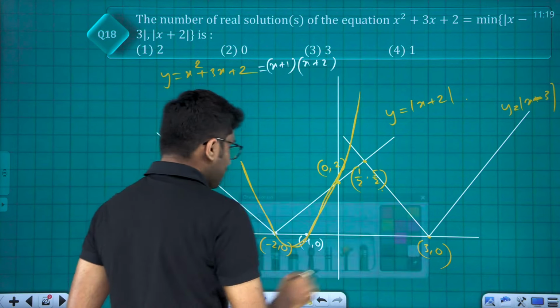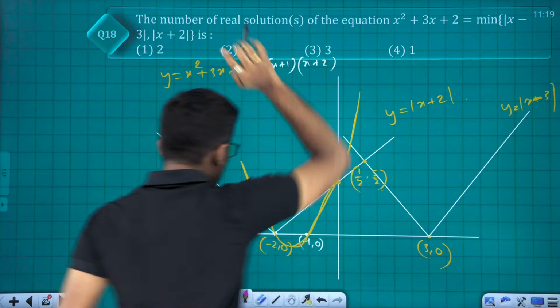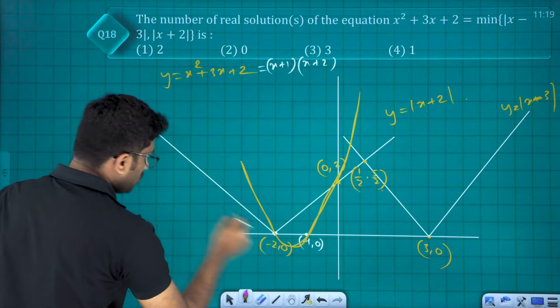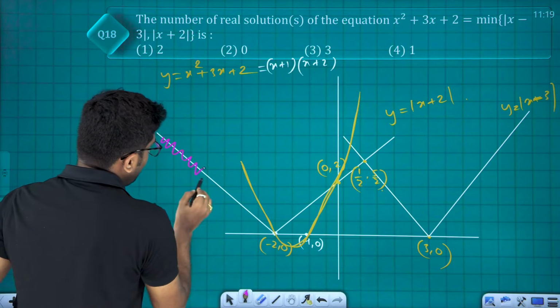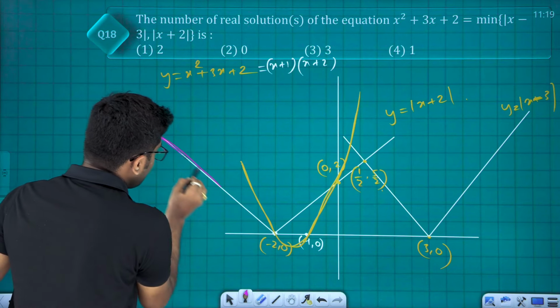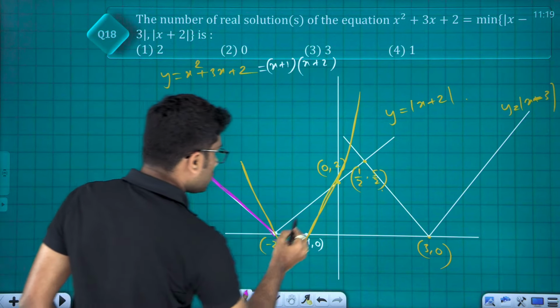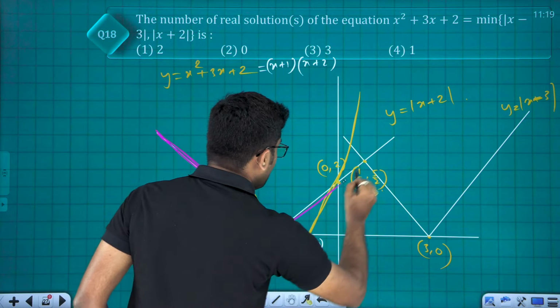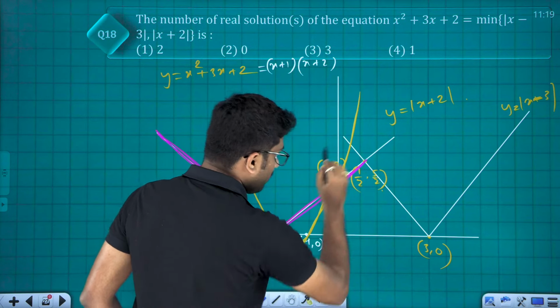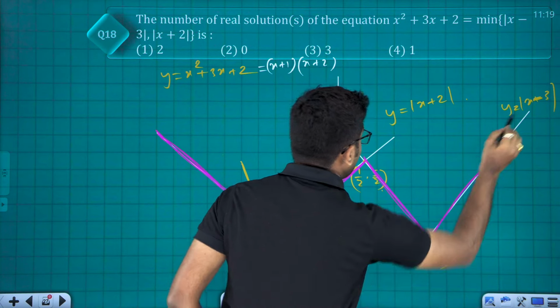Now, what is the minimum of these two functions? Till minus 2, the minimum is this one only, and from minus 2 to 1 by 2 the minimum is this, and from 1 by 2 to 3 the minimum is this, then again this will be the function.